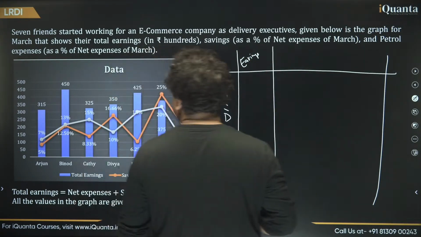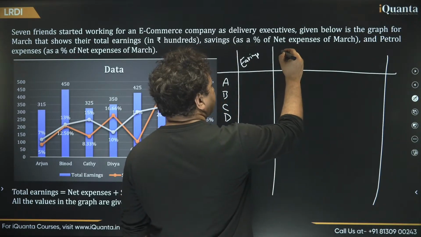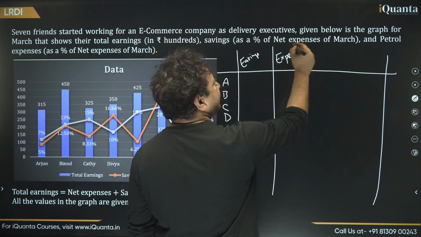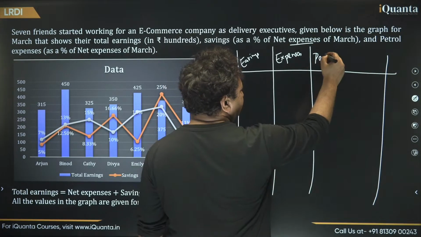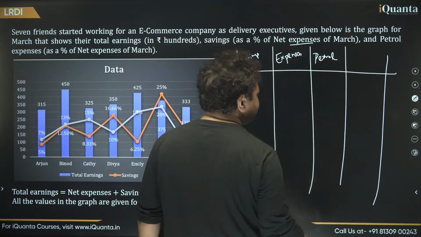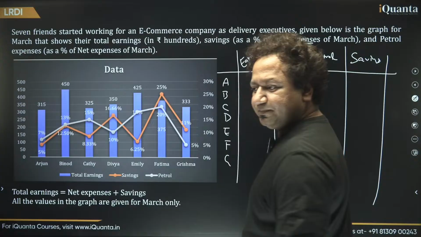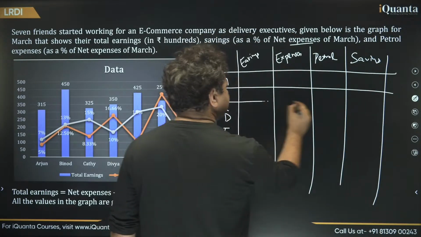Then we need to find out the expenditure, or in this case, it's called expenses. Petrol charges, and then the savings. We need to fill this table. Let us make a table.